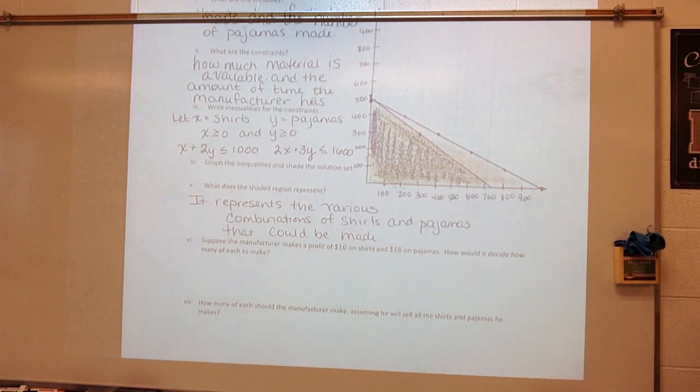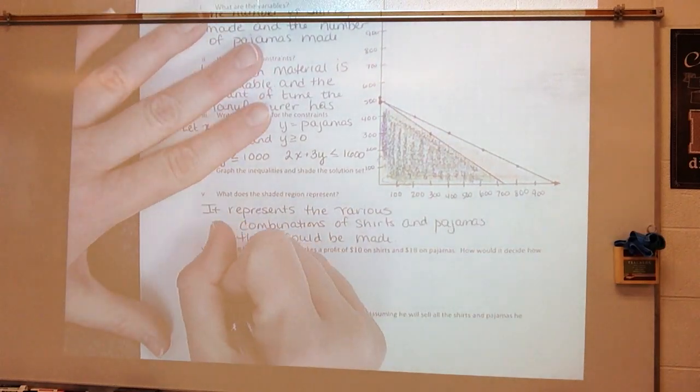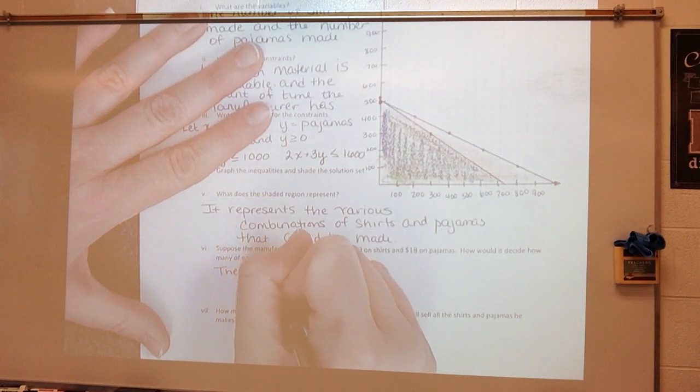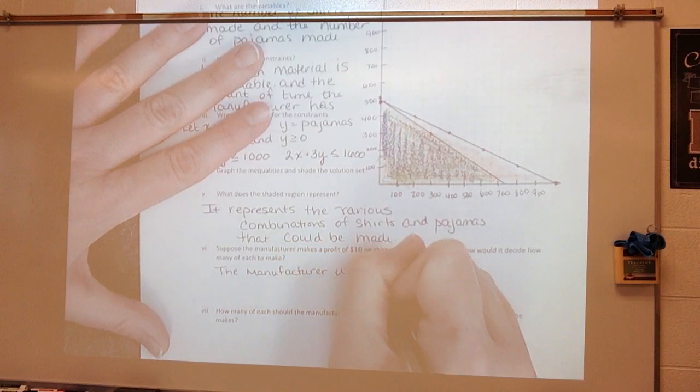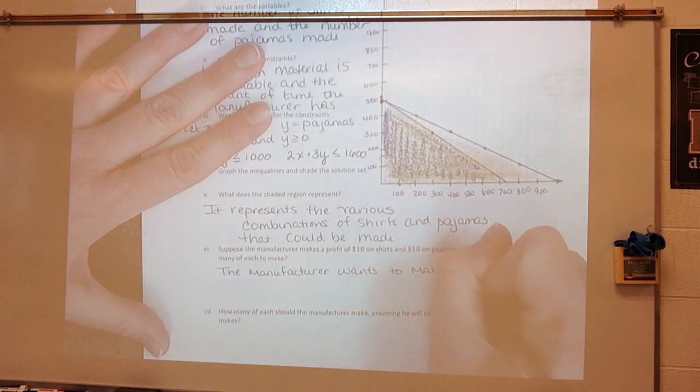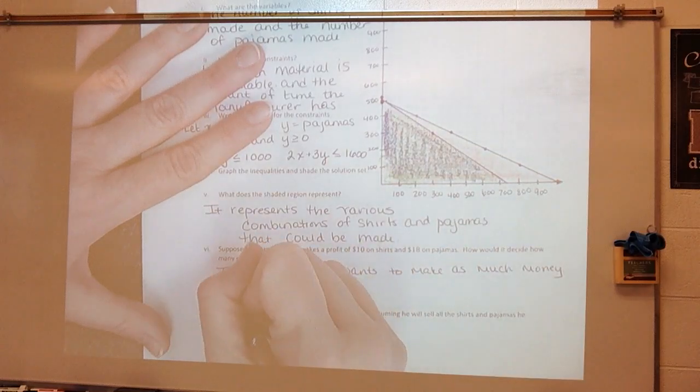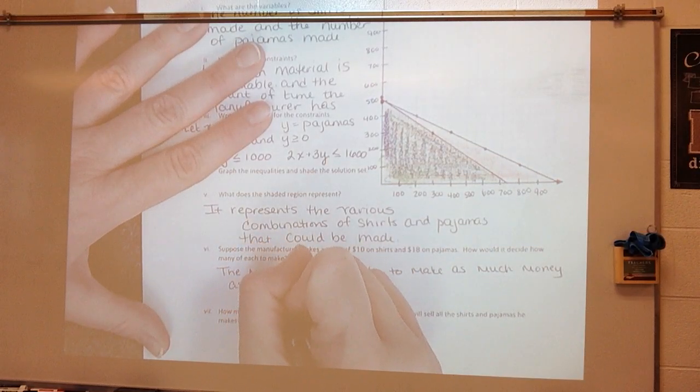So it says, suppose that the manufacturer wants a profit of $10 on shirts and $18 on pajamas. How could you decide how many of each to make? Well, he wants to make as much money as possible.